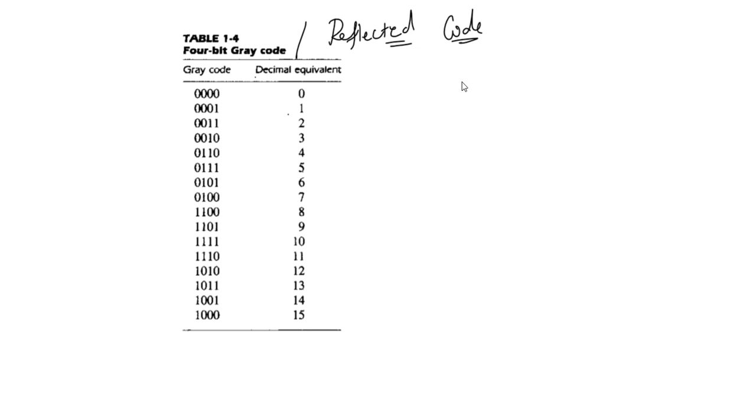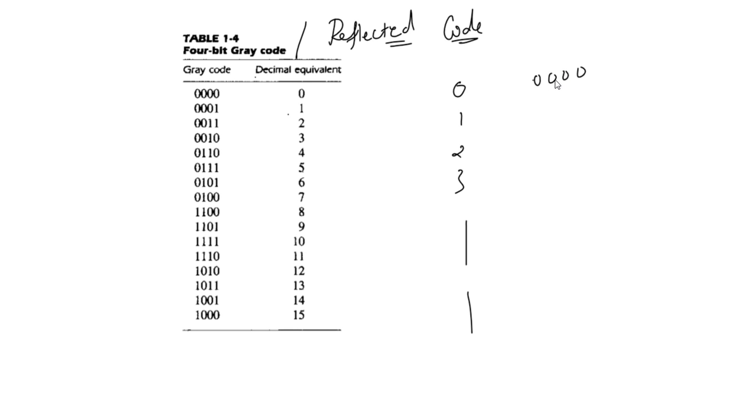Say, for example, if the decimal numbers are 0 1 2 3 and so on, you know we can represent these numbers with the help of binary digits. Here, 0 can be represented with the binary number 0 0 0 0.